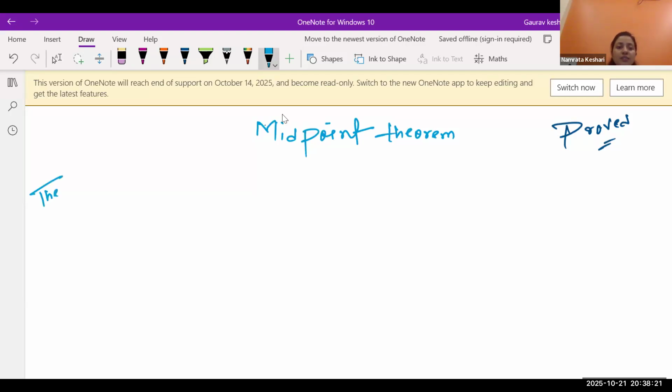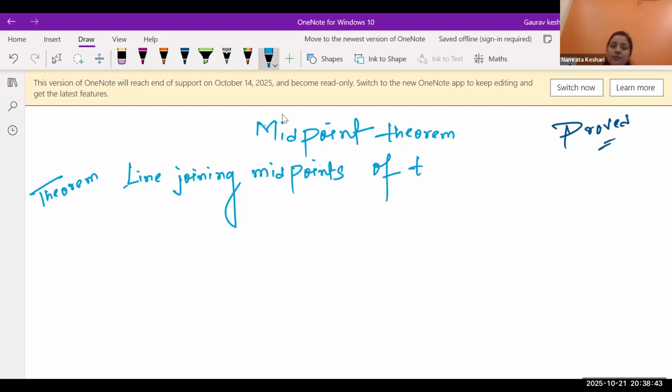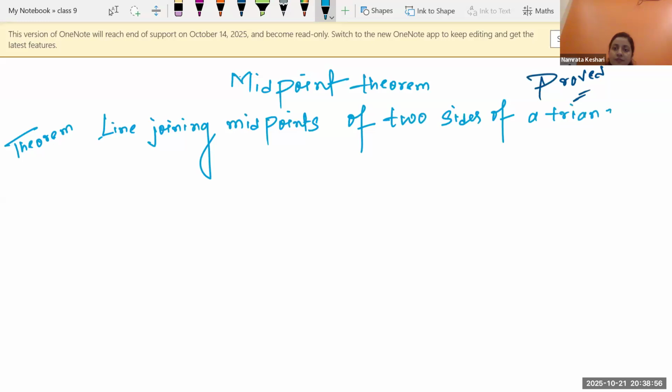Here the theorem says, very basic: the line joining the midpoints of two sides of a triangle is parallel to the third side.